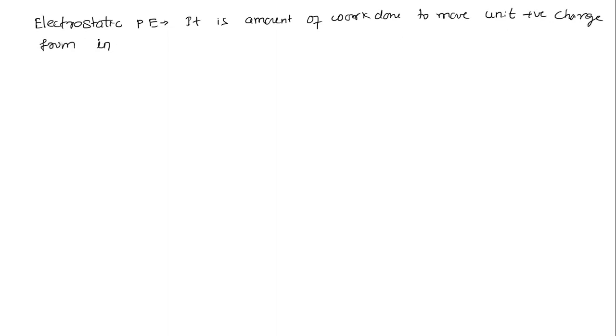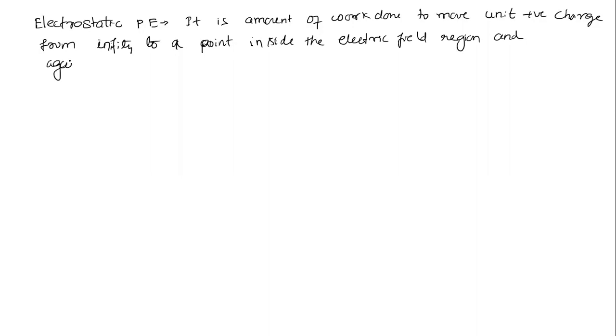Electrostatic potential energy is the amount of work done to move a unit positive charge from infinity to a point inside the electric field region, against the electrostatic force, without any acceleration. Can you say like this?